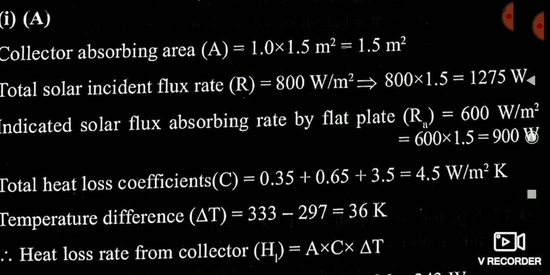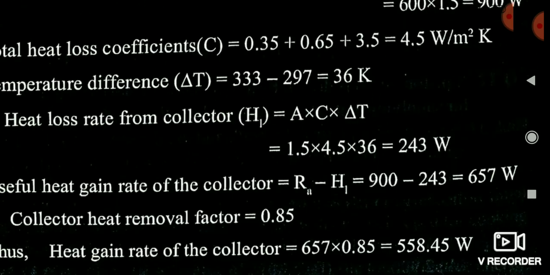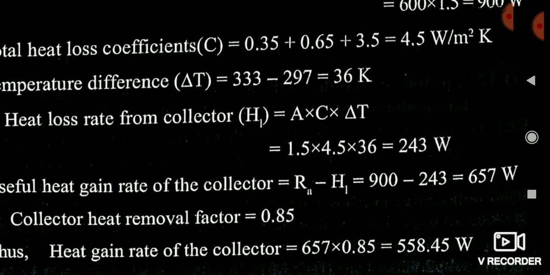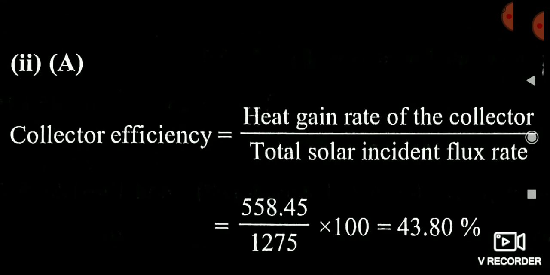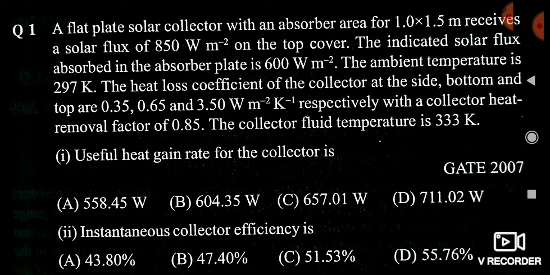You can see here 850 into 1.5 is equal to 1275 watt, and our heat gain rate of the collector is 558.45 watt. So we calculate the collector efficiency by taking the ratio of both, and we get the answer, that is 43.80%. Hence the A option.